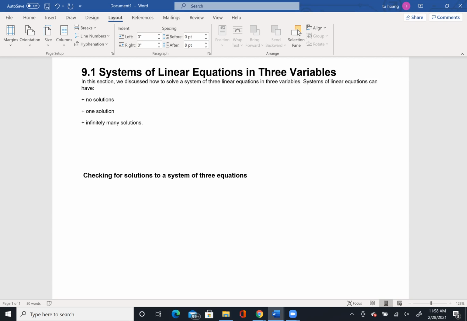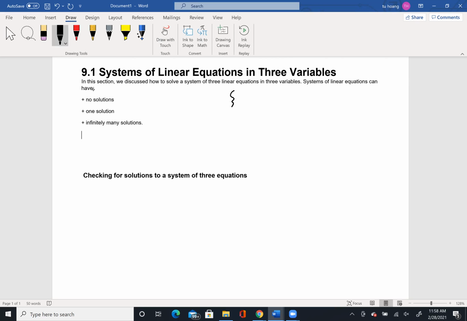For the system of linear equations of three variables in the form a1x plus b1y plus c1z equal to d1, then a2x plus b2y plus c2z equal to d2, and then a3x plus b3y plus c3z equal to d3.